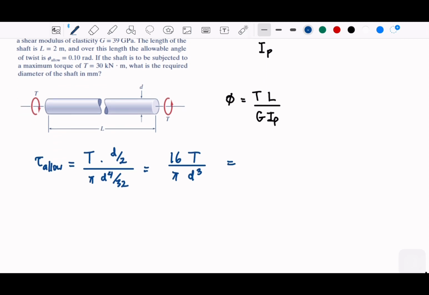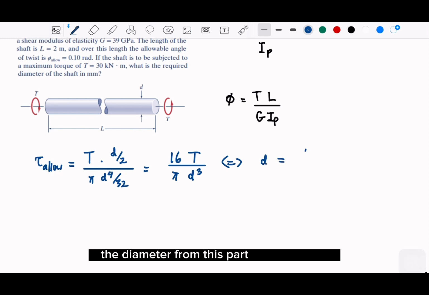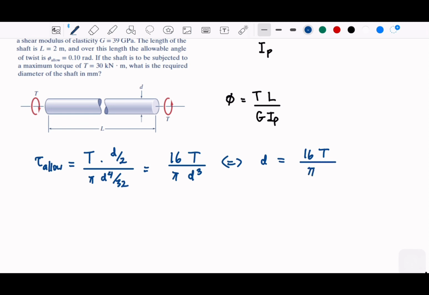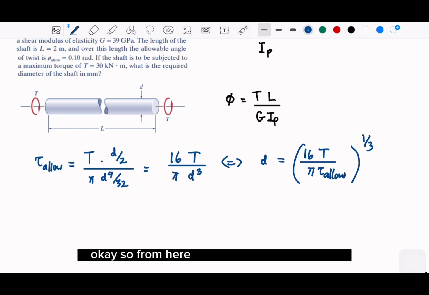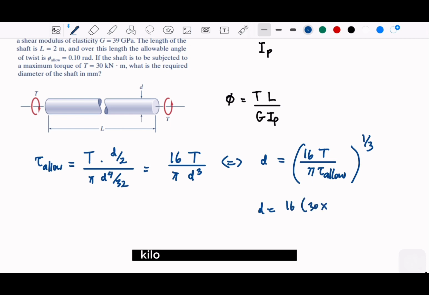And then we can take the diameter from this part, so 16T over pi times the tau allowable, and then we take the cube root. Okay, so from here we can just compute 16, 30 kilo, so this is 30,000.